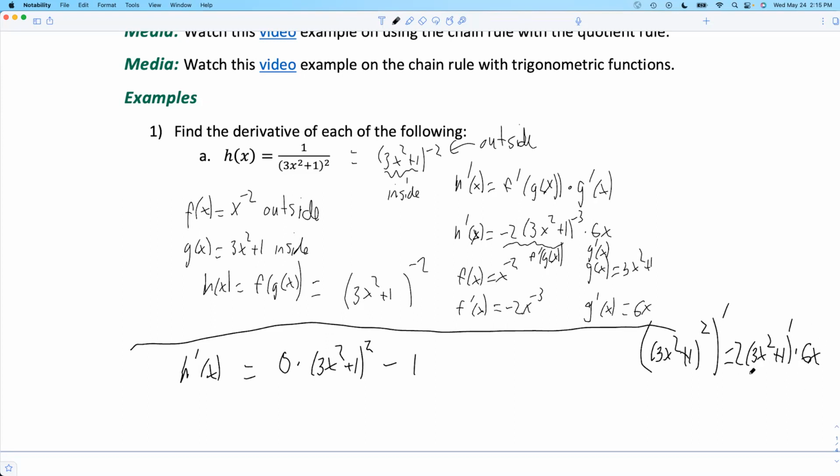So that is just the derivative of the bottom. So that's 2 times 3x squared plus 1 times 6x all over the bottom squared. So I want 3x squared plus 1 squared and then squared again.